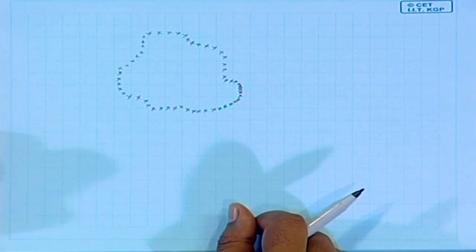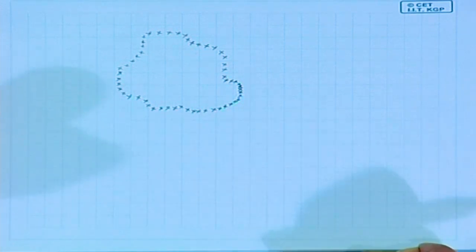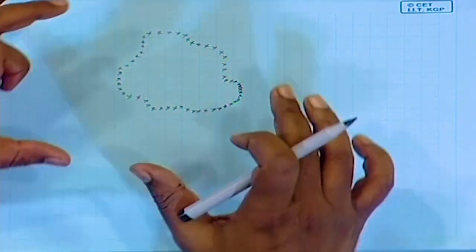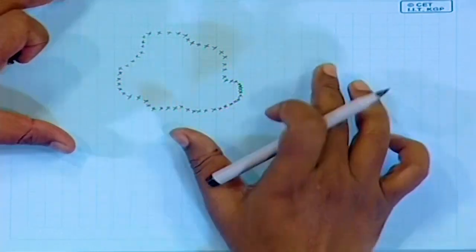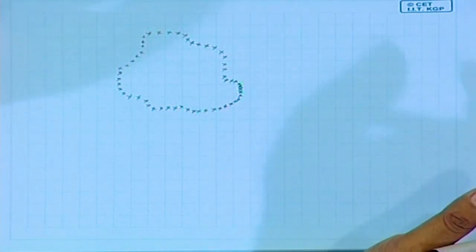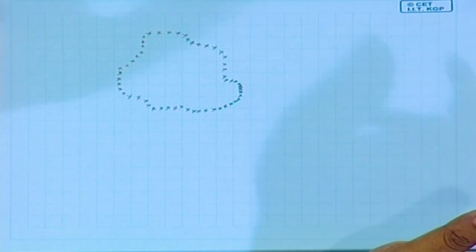So, these points are nothing but on a regularly spaced grid, where the grid spacing is just 1 pixel. What I will do is embed this set of boundary pixels on another grid, where the grid spacing is much more than 1 pixel.